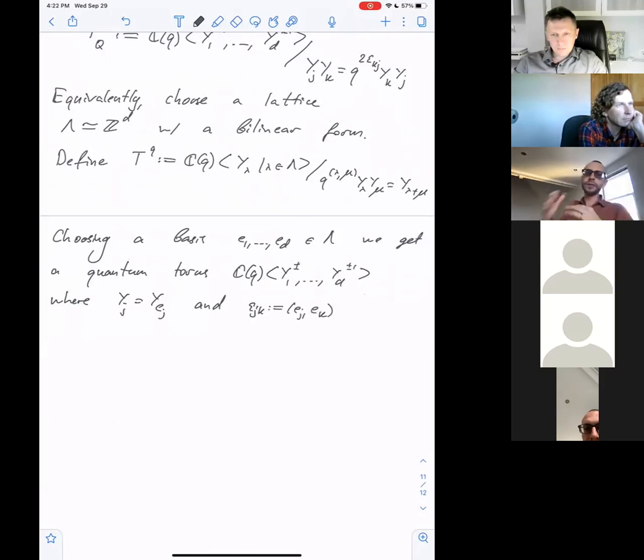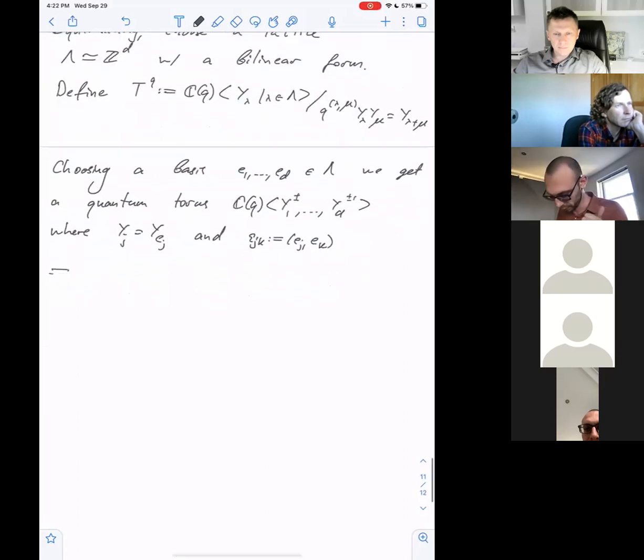Right? So really, what I'm saying is that you can just have one master torus, and then different cluster charts are just different choices of basis. So in other words, charts come from choices of basis.